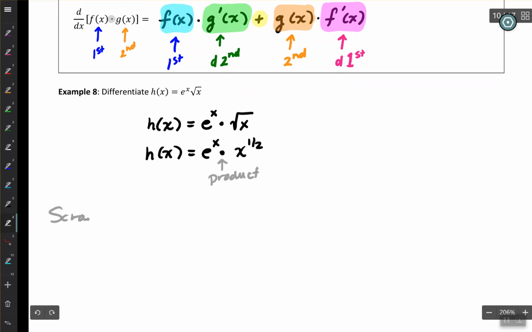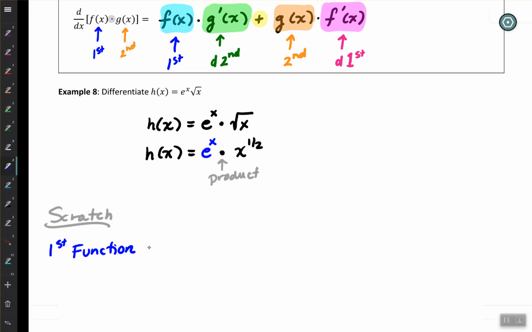Scratch. Okay, so my first function here, my f of x, is e to the x. I need the derivative of that.